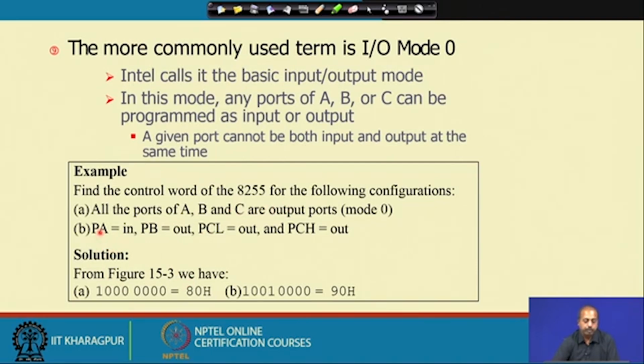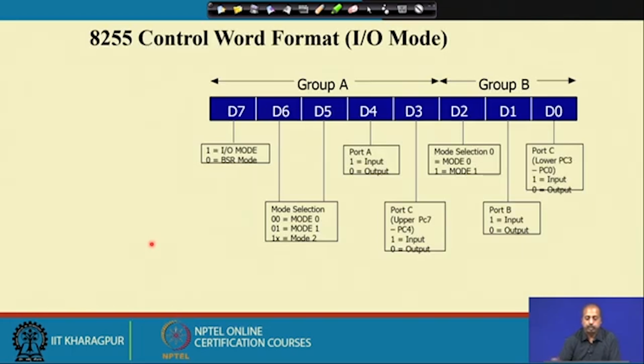On the other hand, if you say that port A will be input, port B will be output, PC low should be output and PC high should be output, so both of them are output, but port A should be in input mode. So, if port A has to be in input mode, so again this is IO mode. So, this has to be 1, then mode 0. So, they are mode 0.